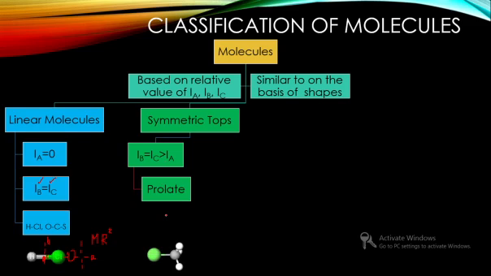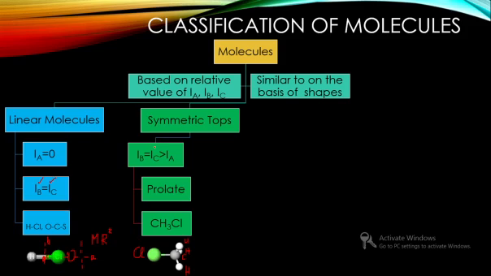An example is CH3Cl. Cl is along this one, and carbon is at the center, and the H are distributed like the leaves of a fan, three leaves of a fan. So it has a symmetric top kind of appearance.